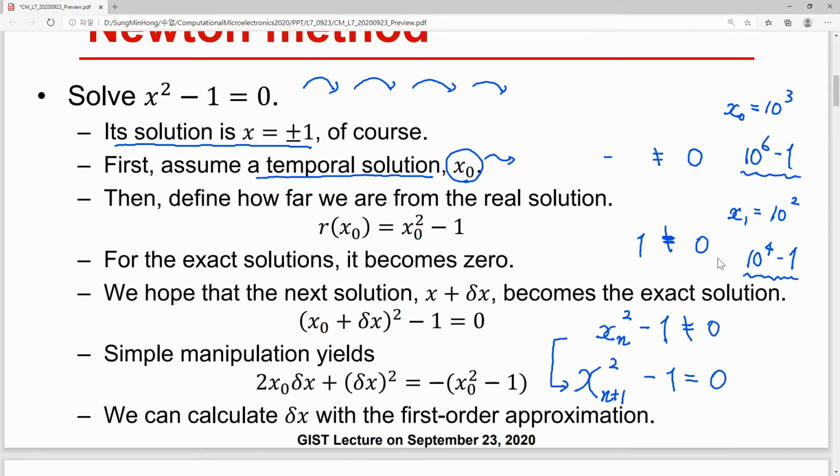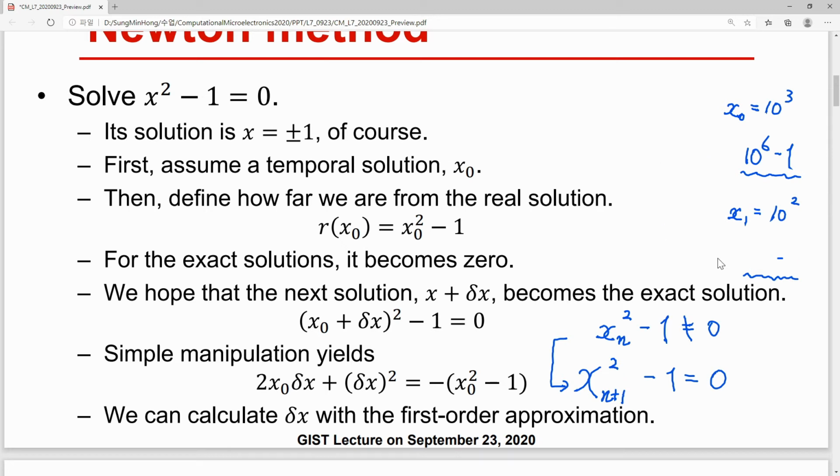That is your assertion. Although my xn is not the solution, its successor xn plus 1 can satisfy the equality. That is our hope.